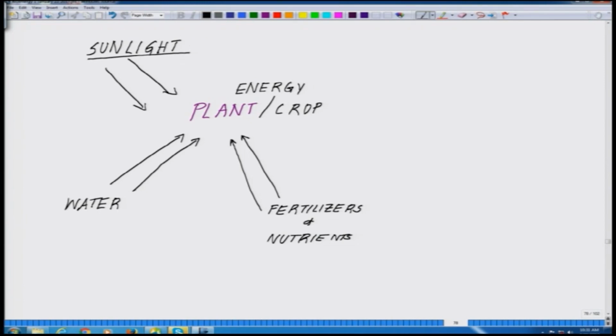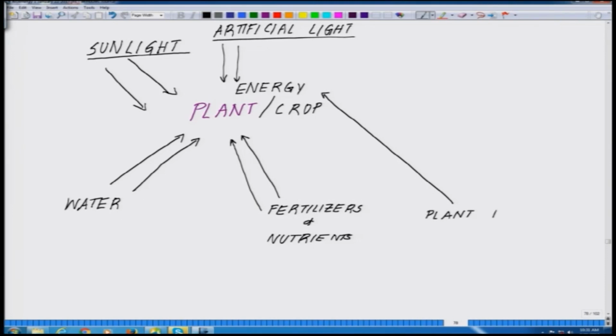So you need a different kind of setup, for example if you have to use artificial light. After this you need to spend on plant protection measures against attack from pathogens and other microbes.